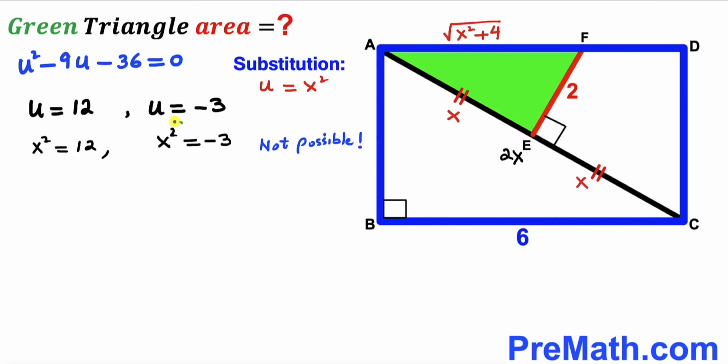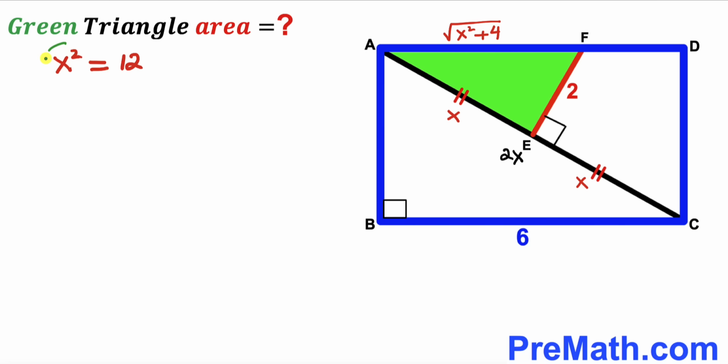And here we can see x square equals negative 3, which is not feasible. So therefore we are going to reject this x square equals negative 3 scenario, and we are going to accept x square equals 12. So thus our x square value simply turns out to be 12.